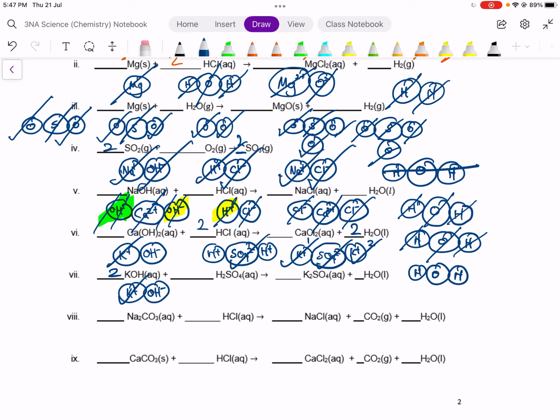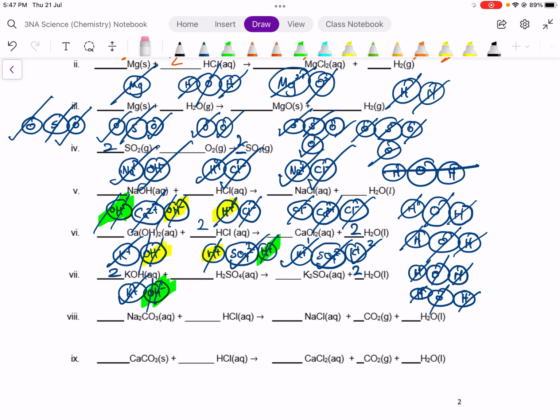What happens next is once again you have 2 sets of H plus and OH minus, first set yellow, second set green. So I need 2 water once again to balance this nicely. 1 2 3 4, 1 2 3 4, then 2 oxygen. 2 sets of water, so don't forget to put a 2 here.